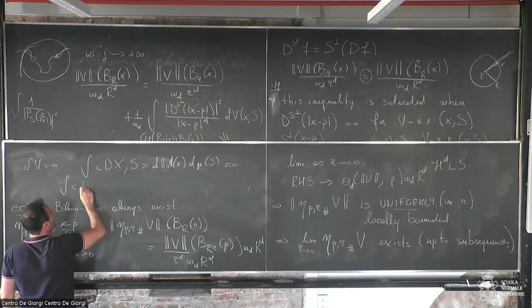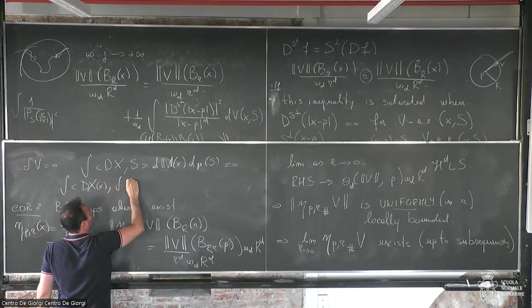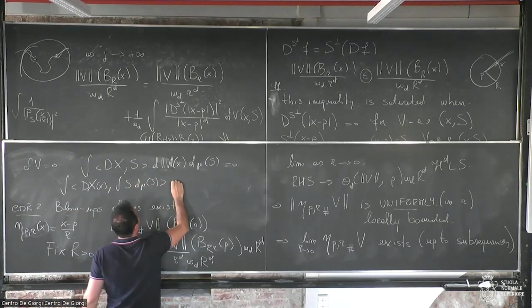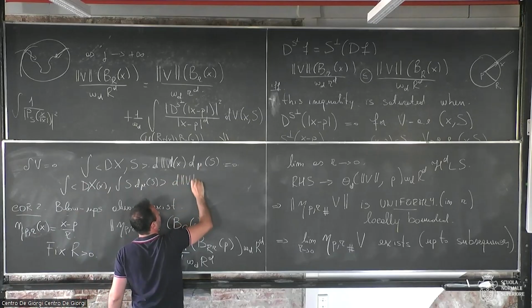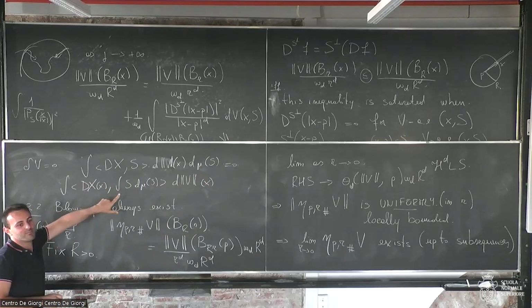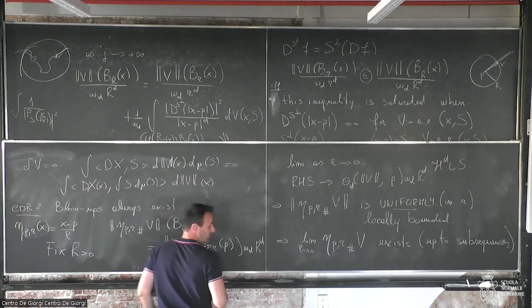So this becomes the gradient of x, the integral of s in the Grassmannian, and here you start seeing the trick, because now I will integrate my part distributionally.